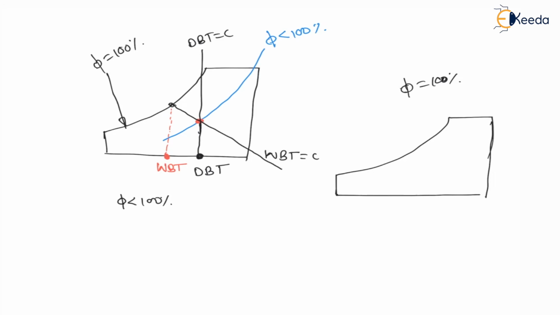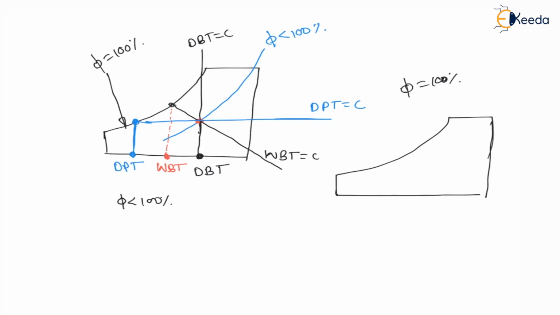Now again from the given condition, if I draw a horizontal line, because the dew point temperature line is a horizontal line, this horizontal line is the dew point temperature line. Dew point temperature is constant on this line, and whenever this dew point temperature line touches the relative humidity equal to 100% line, somewhere here, from this point we will get the dew point temperature.